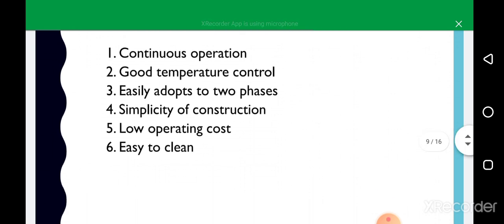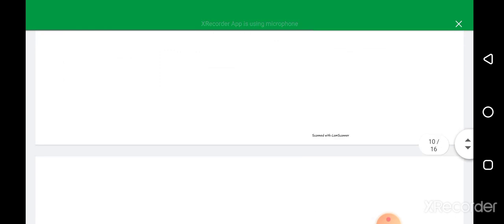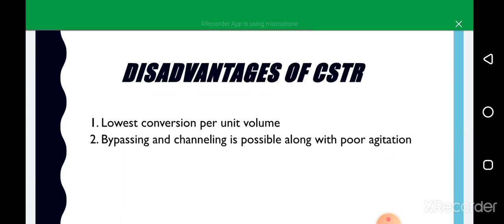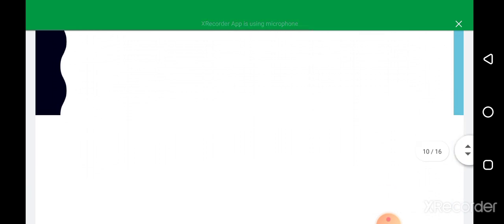The disadvantages of CSTR: it has the lowest conversion per unit volume. Bypassing and channeling are possible, along with poor agitation.